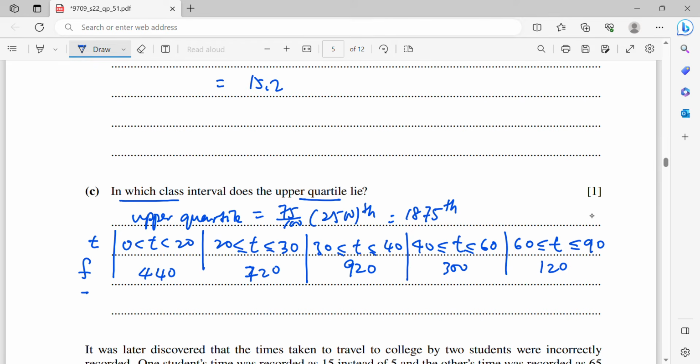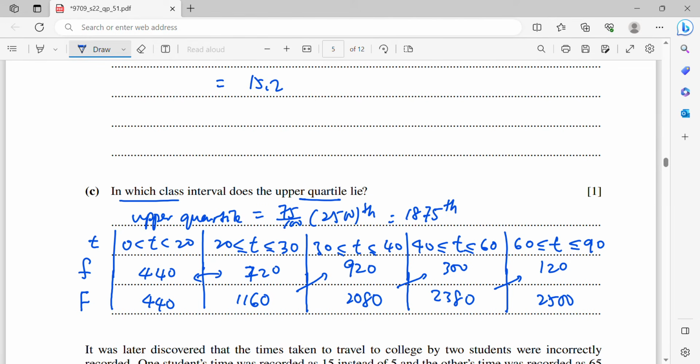Now my capital F, which is the cumulative frequency. The first one is 440. When you add 440 and 720, you get 1160. Then 1160 plus 920 is 2080. Then plus 300 gives 2380, and plus 120 is 2500.